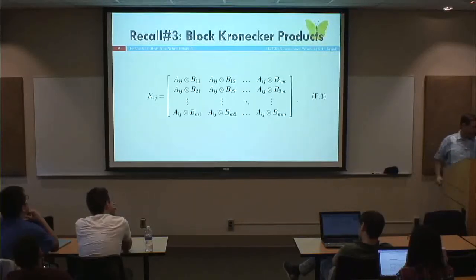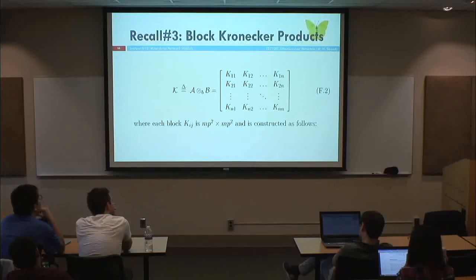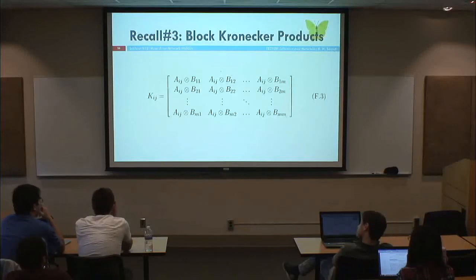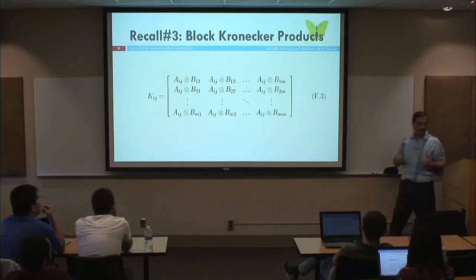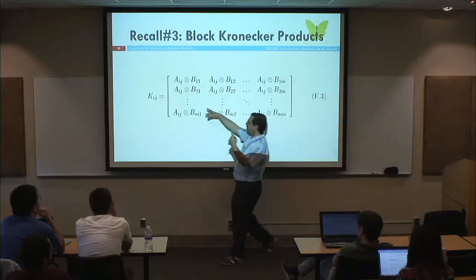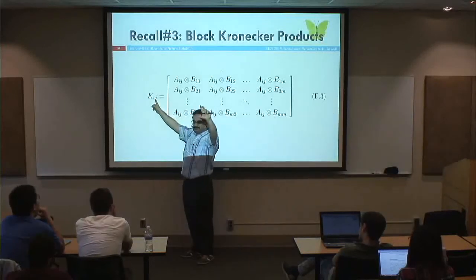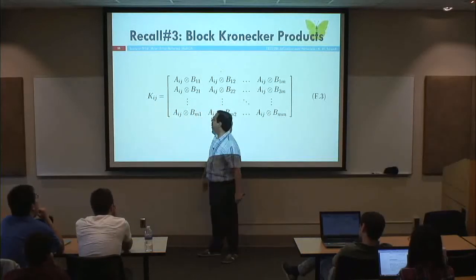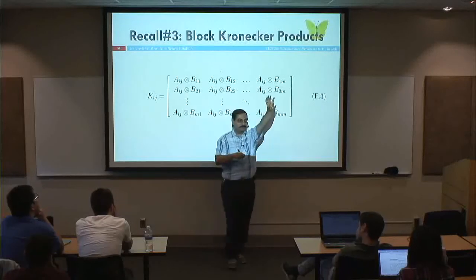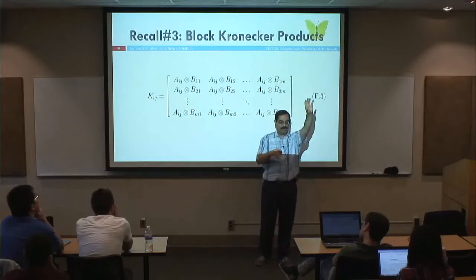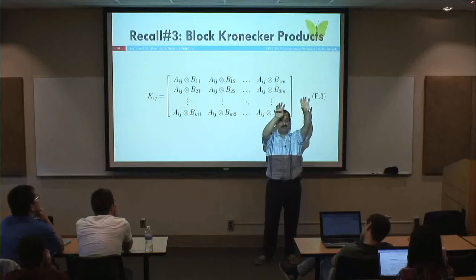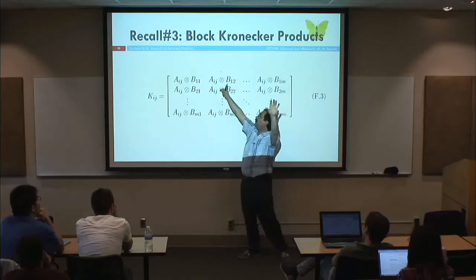Here it is. The block Kronecker product will have blocks. Each one of these blocks is defined in terms of the original Kronecker product. You take, let's say, block 1,1. You take A11, you Kronecker product it with all the blocks of B. A11 with B11, A11 with B12.